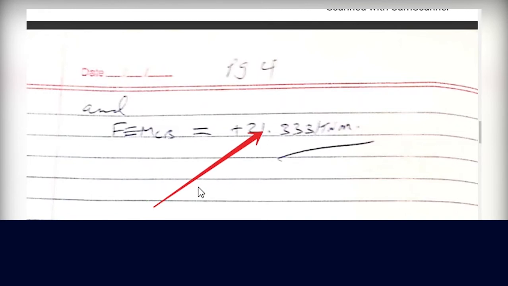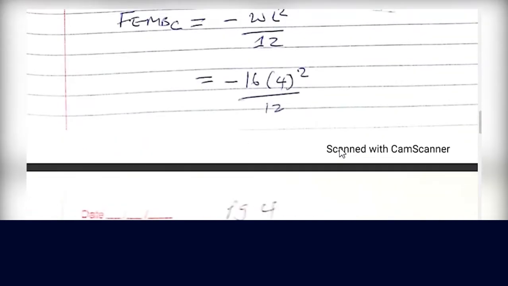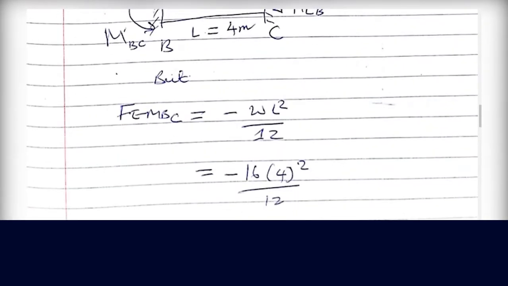It is positive for one side and negative for the other side. So between CB it is a positive value, and between BC it is a negative value.